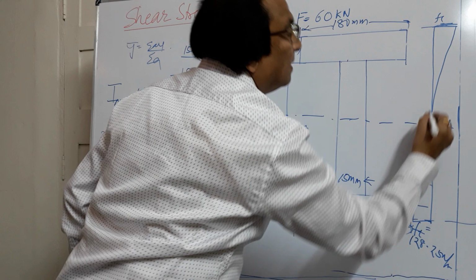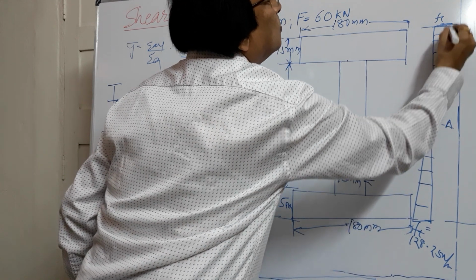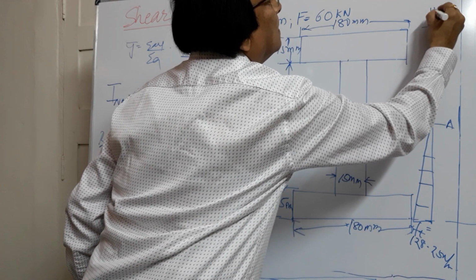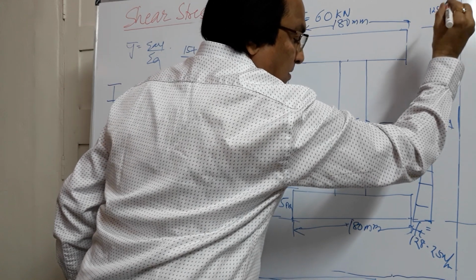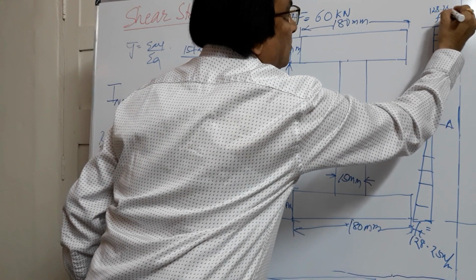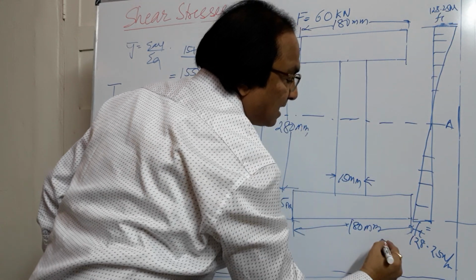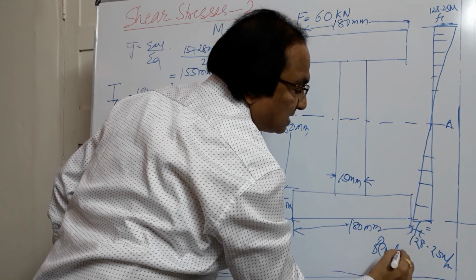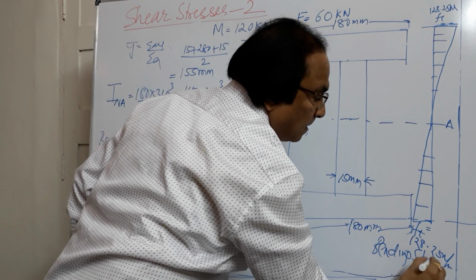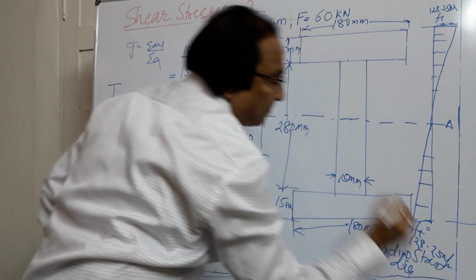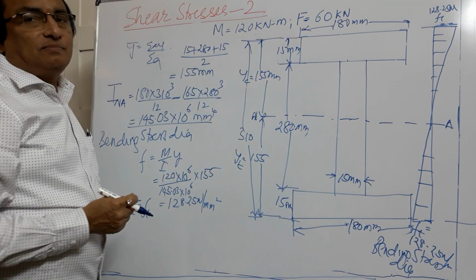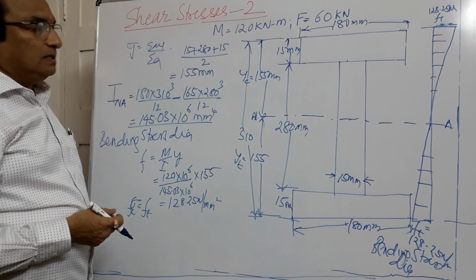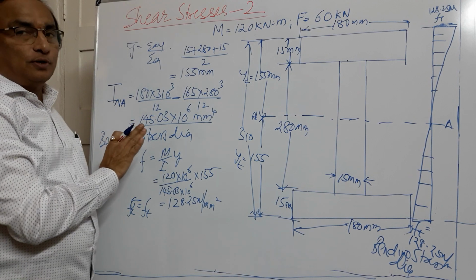This is also 128.25 Newton per mm square. This diagram is called the bending stress diagram. So the bending stress diagram is very easy to draw. Just finding out I is important.